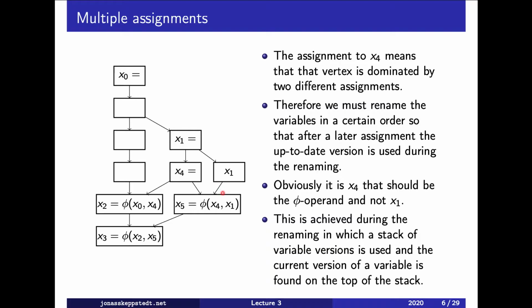That means we need to keep track of the order of the predecessors. Otherwise, we will have complete chaos. If we would accidentally get the x4 and x1 in the wrong order, then that will be very bad, obviously. So that must be avoided.